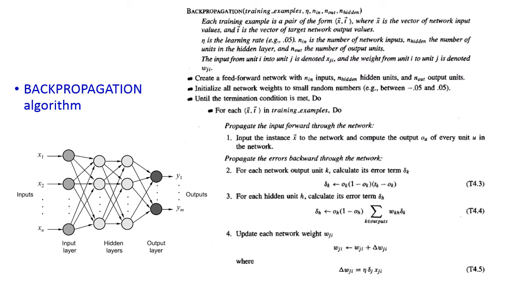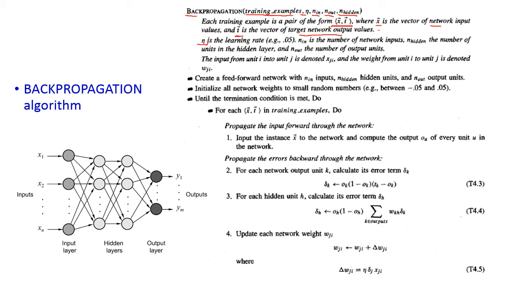This is the backpropagation algorithm. For this algorithm we have 5 inputs: training examples, learning rate, number of input layer nodes, number of hidden layer nodes, and number of output layer nodes. Training samples contain pairs of input comma target output, where x vector is the input to the network and t vector is the target network output values.